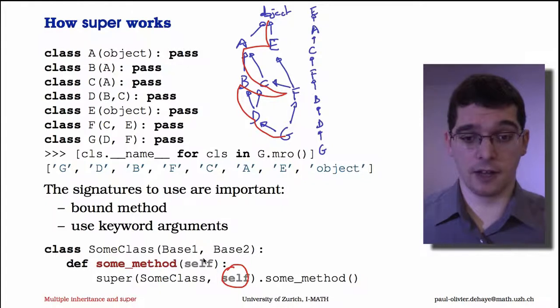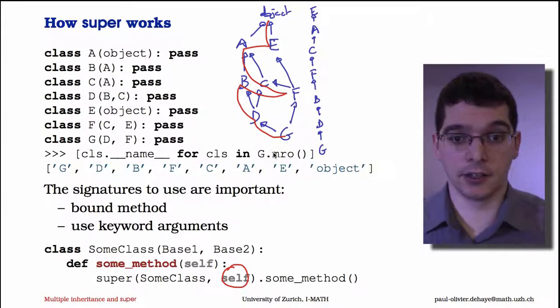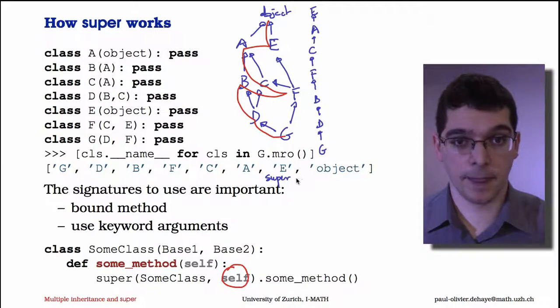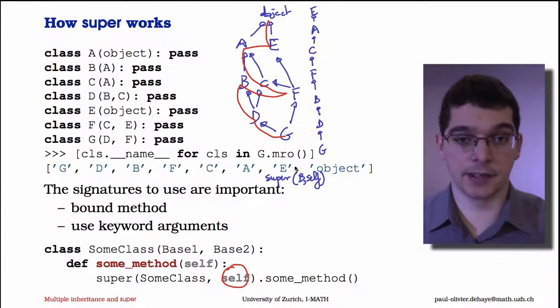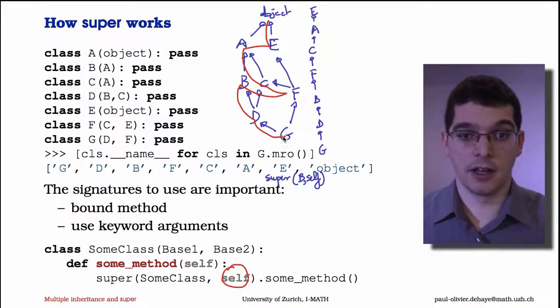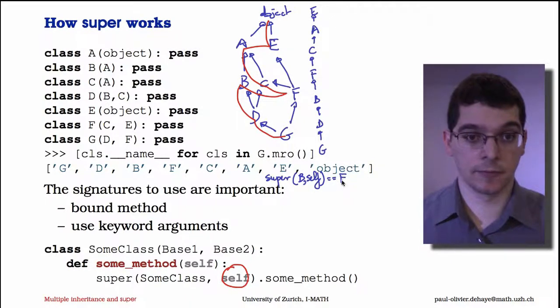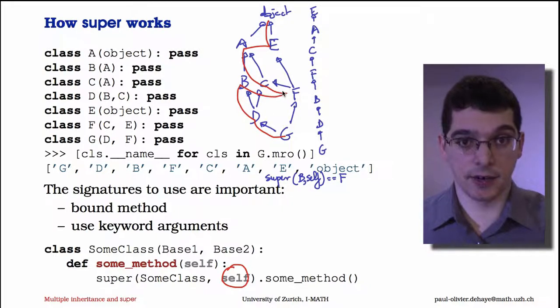Okay, so if I try super B self, where self is an instance of G, then this would effectively be F, because the next guy here is F.